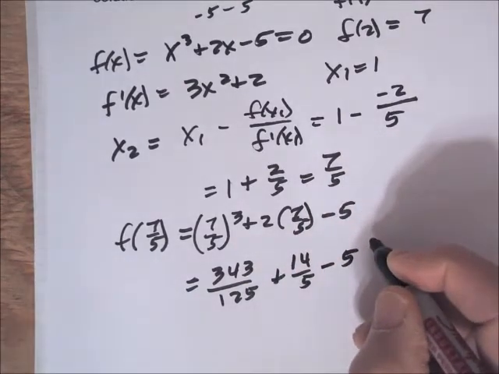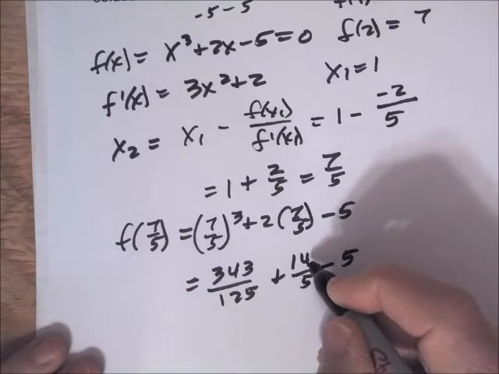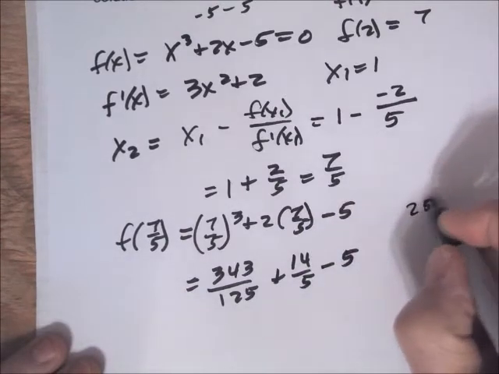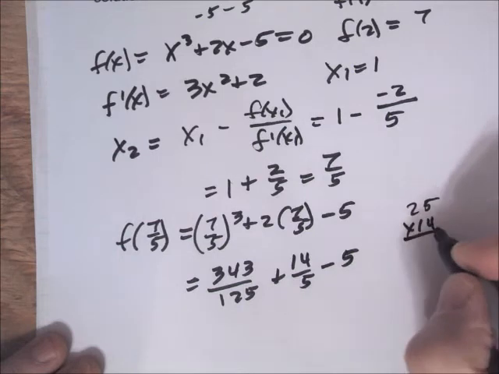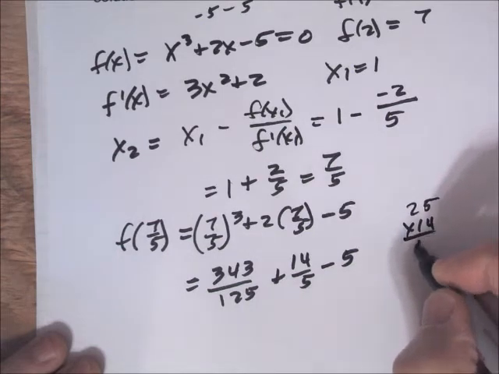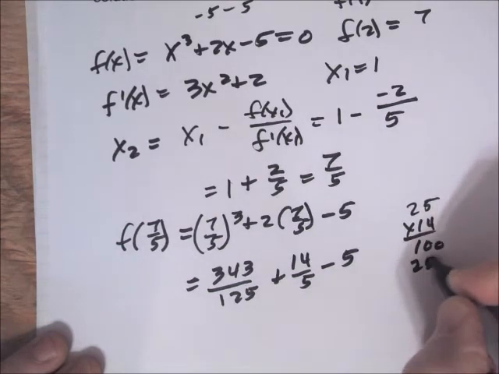So we want a common denominator. 25 times 14 is 350.